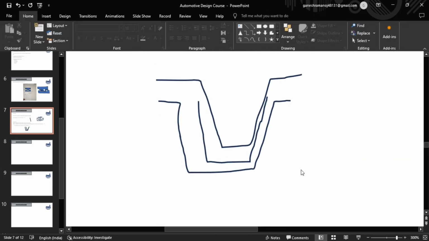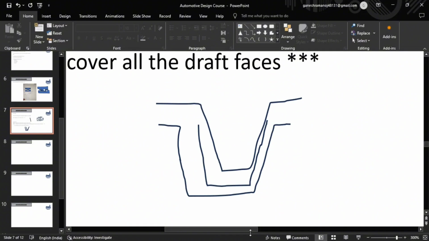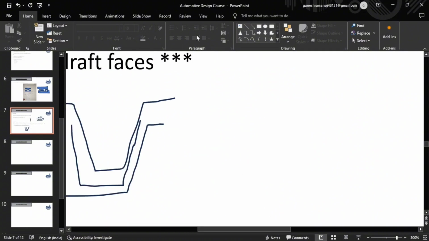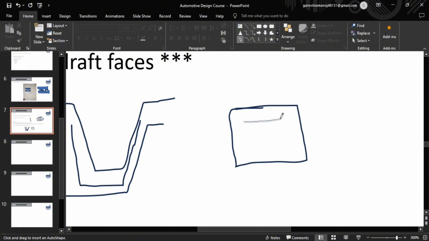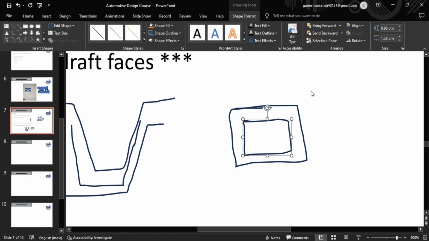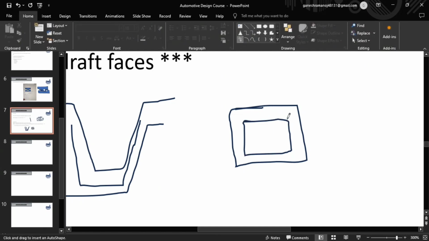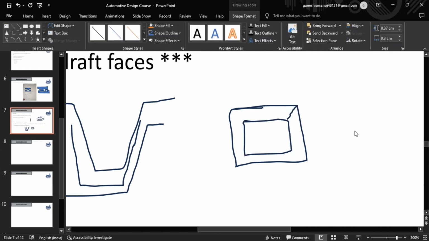If you look at it from the top view, how does it appear? Let me draw that again. This is a box, the top side, and in the bottom side it may look like this in a 3D view. Let me make it clearly.